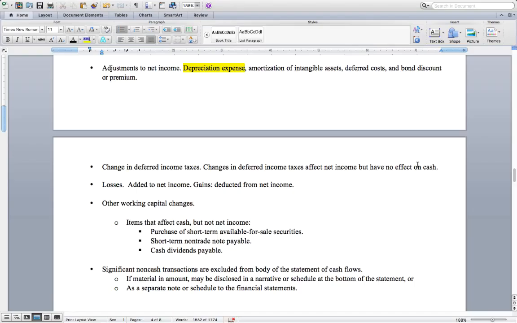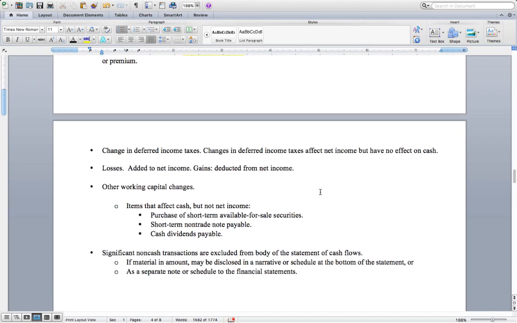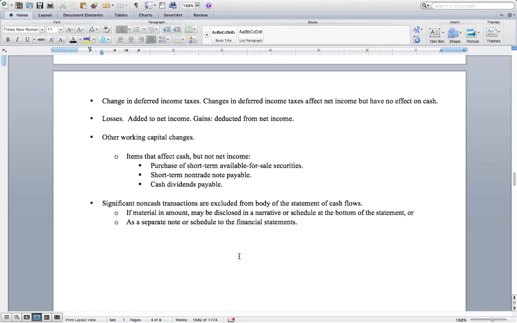Other items that affect cash but not net income include the purchase of short-term available for sale securities, short-term non-trade notes payable, and cash dividends payable. Significant non-cash transactions are excluded from the body of the statement of cash flows.